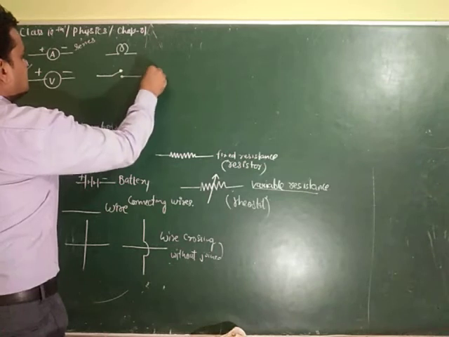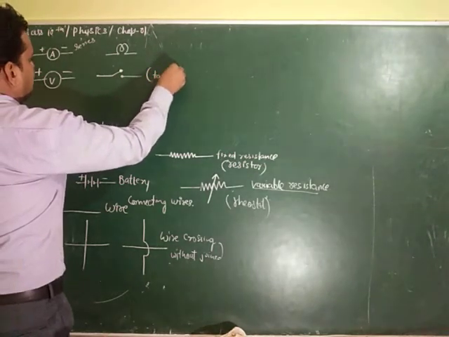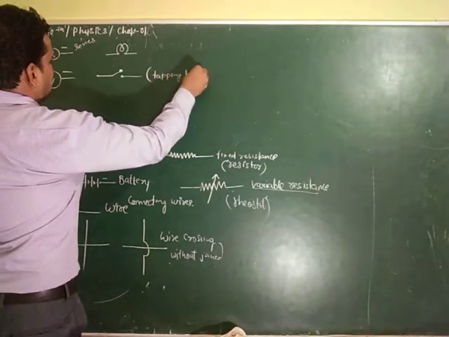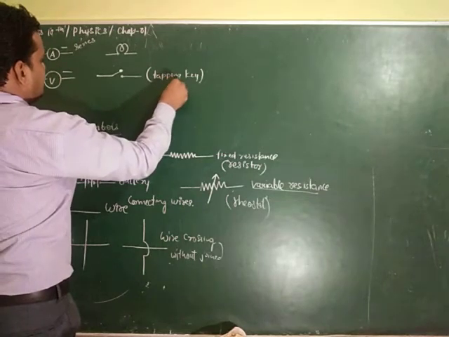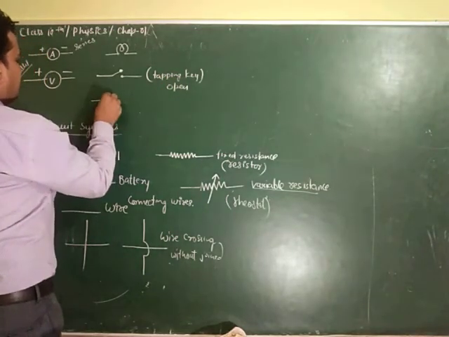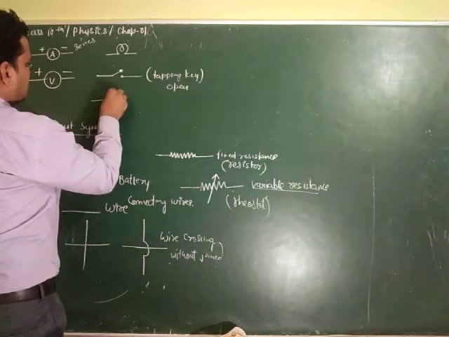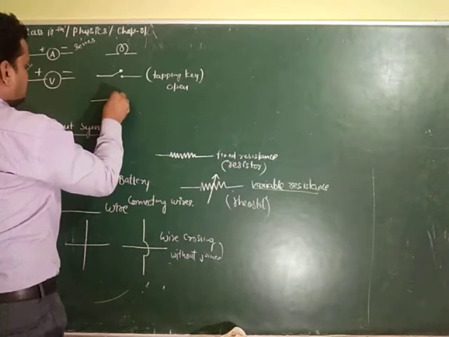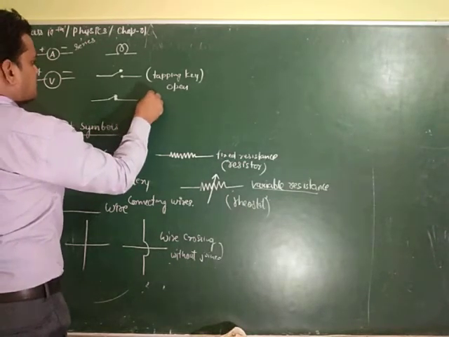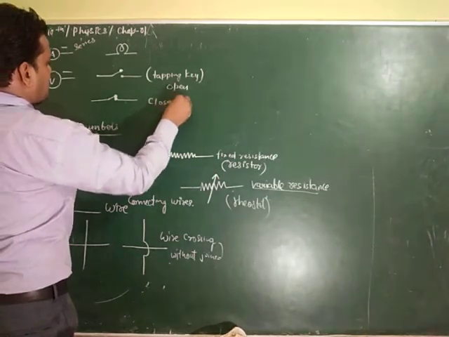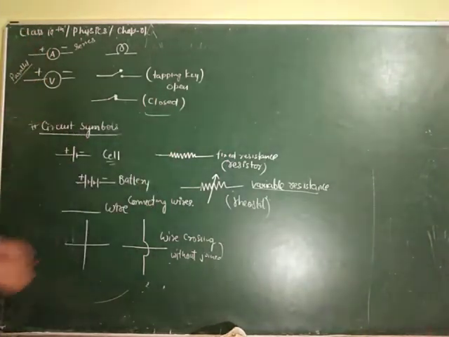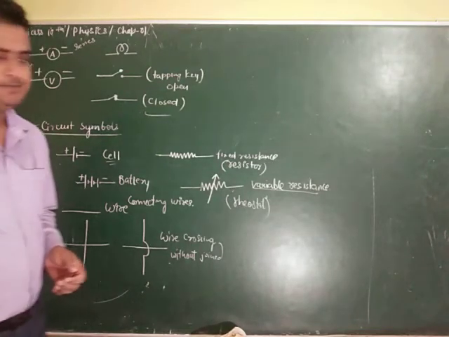This P is known as the tapping key, and it is open, and when it is connected, it is closed. There are many more symbols, and all symbols are given to you in the notes.